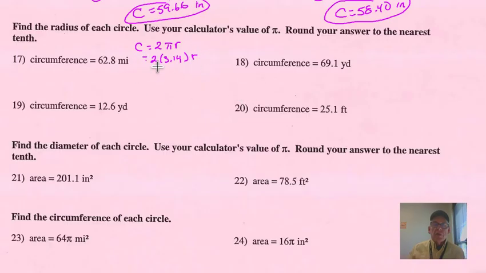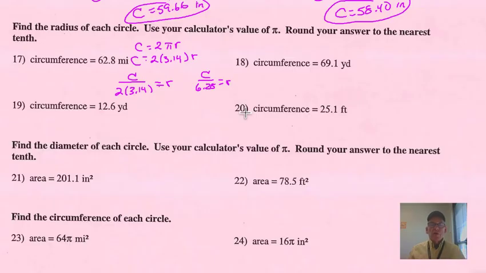And basically, if we do the circumference divided by 2 times 3.14, we're going to have our r. And 2 times 3.14 is 6.28. So c divided by 6.28 is going to be the radius for each one of these circles.